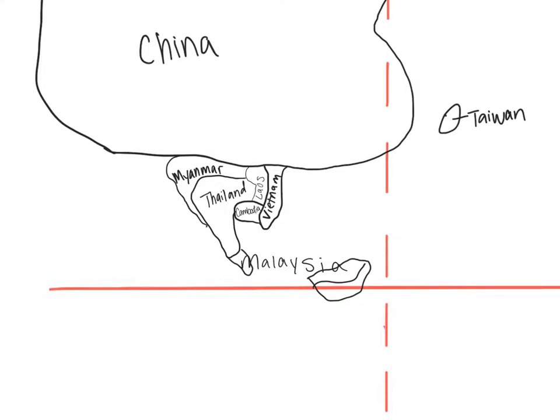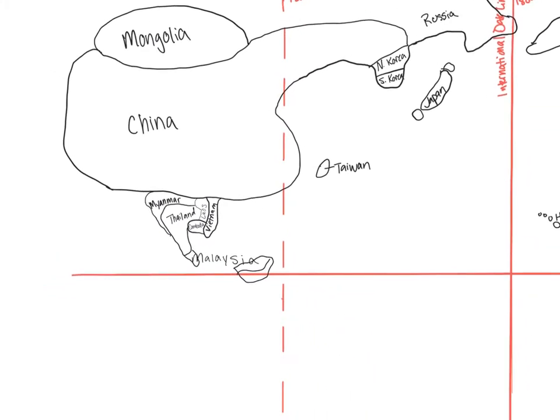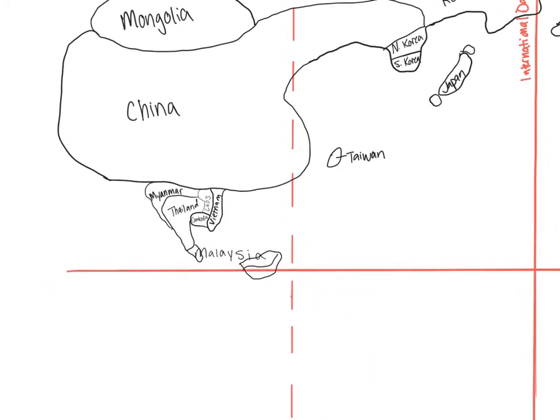Indonesia has several pieces to it as well. I'm going to zoom out because it's going to kind of span a big piece here. So Indonesia is going to cross the equator. It's going to be close to Malaysia and cross the equator here. Has lots of little islands.